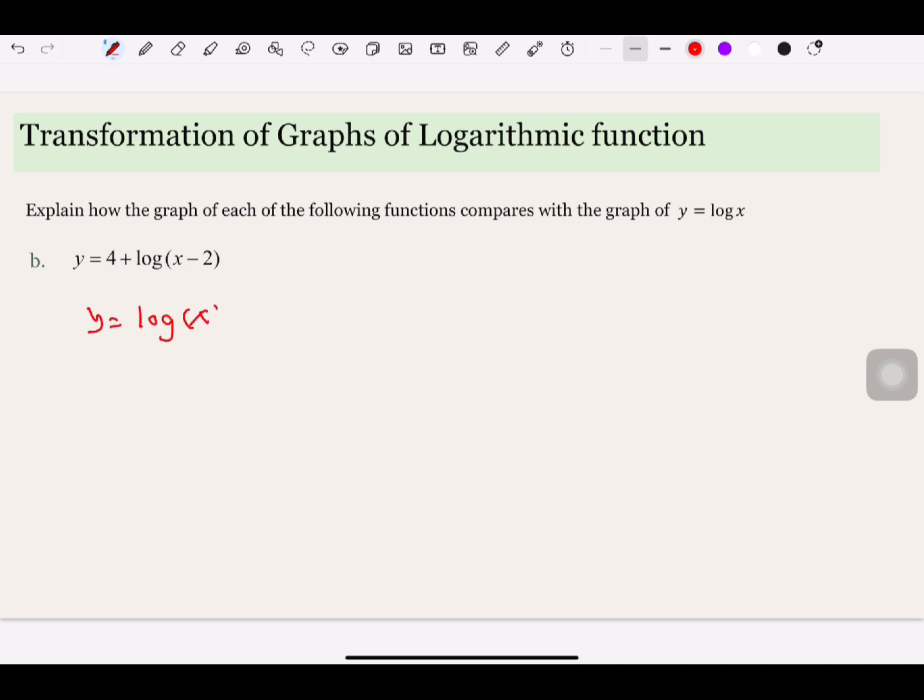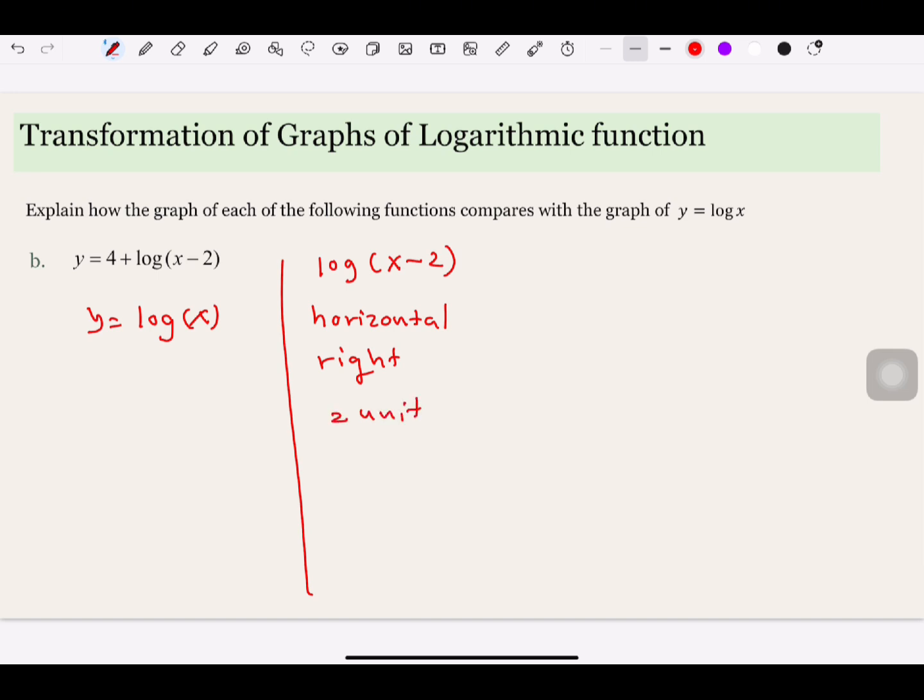Let's talk about these two transformations. The first transformation I see is in log of x minus 2. This is a horizontal transformation, a horizontal shift. The graph shifts right by 2 units.